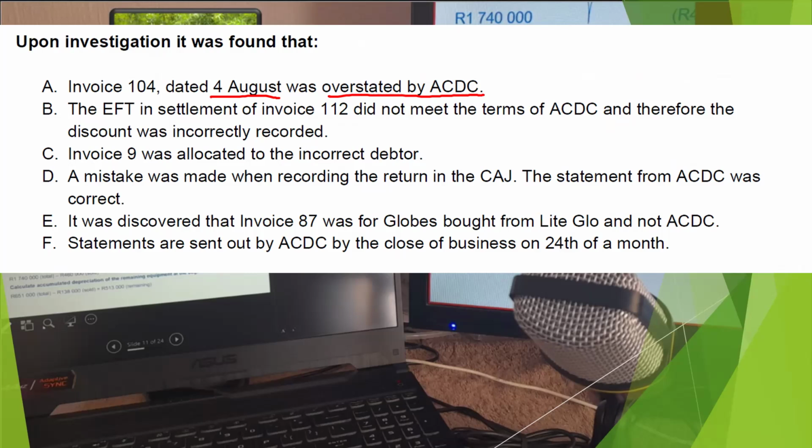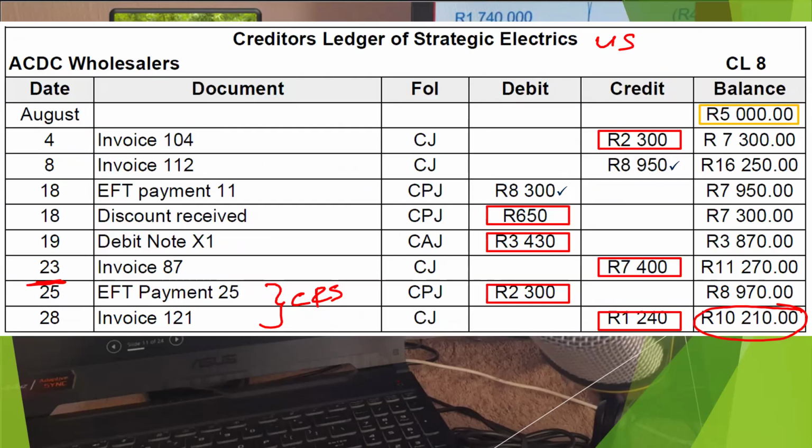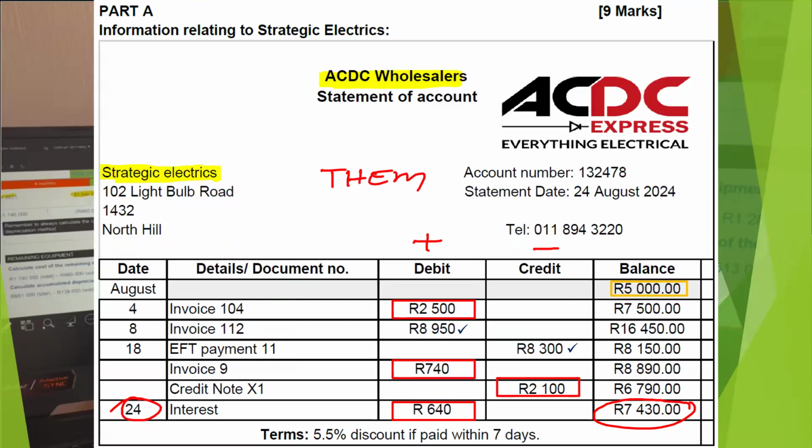So you will notice that in our books, it was reflected as 2,300, which is correct. In their books, it was reflected as 2,500, which is incorrect. So they need to correct it.